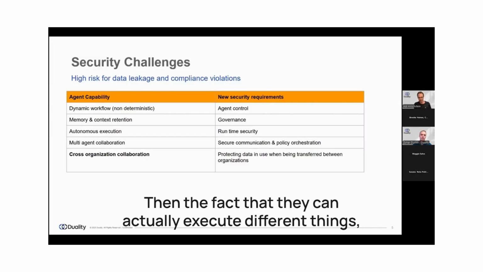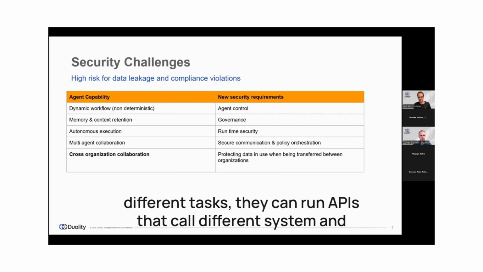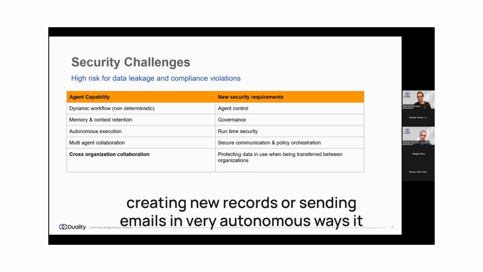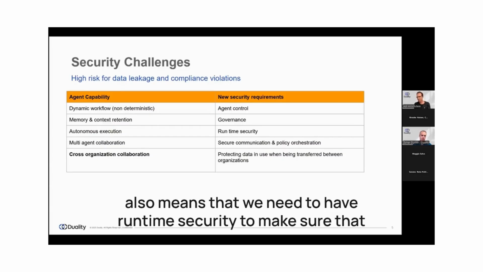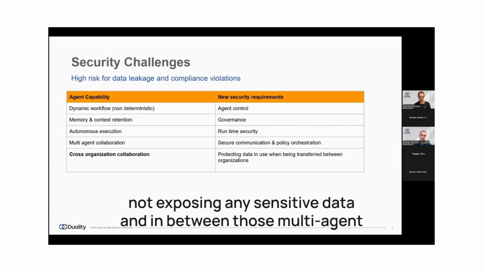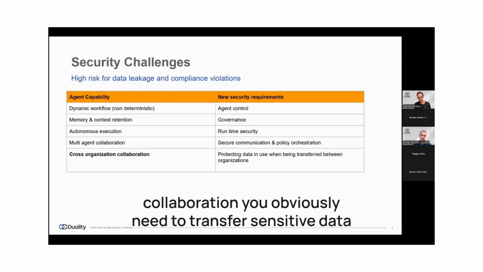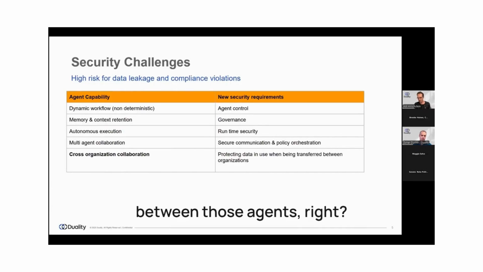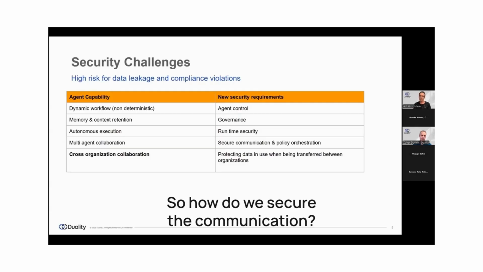Then the fact that they can actually execute different tasks, they can run APIs that call different systems and create new records or send emails in very autonomous ways, also means that we need to have runtime security to make sure we're not exposing any sensitive data. And in between those multi-agent collaborations, you obviously need to transfer sensitive data between those agents, right? So how do we secure the communication?